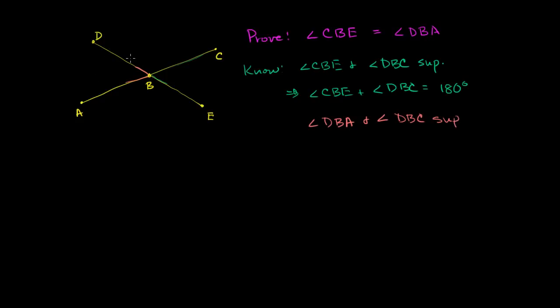This angle and this angle are supplementary. Their outer sides form a straight angle. They are adjacent, so they are supplementary, which tells us that angle DBA, this angle right over here, plus angle DBC, this angle over here, is going to be equal to 180 degrees.